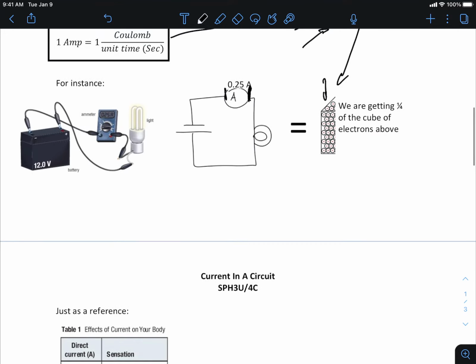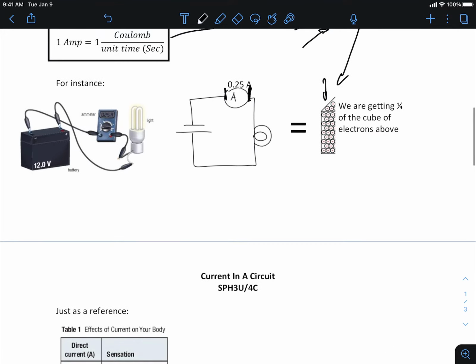Okay, so we've seen now that one amp is equal to 1 coulomb of charge per unit time. That's what we care about. It's the charge per unit time. We saw that up here. And so we're going to use that to our advantage. There's no memorizing.